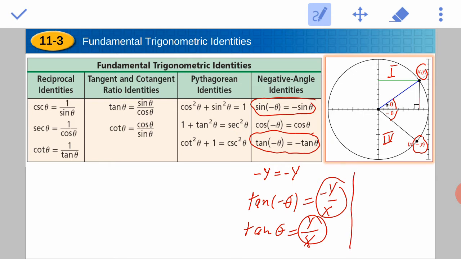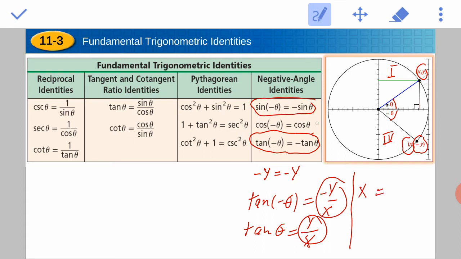What's happening with the second negative angle identity? Cosine negative theta is equal to cosine theta. Why are they equal? Guys, let's find cosine angle negative theta in quadrant 4. When you talk about the cosine function, you're talking about the x coordinate. So cosine negative theta is equal to x.